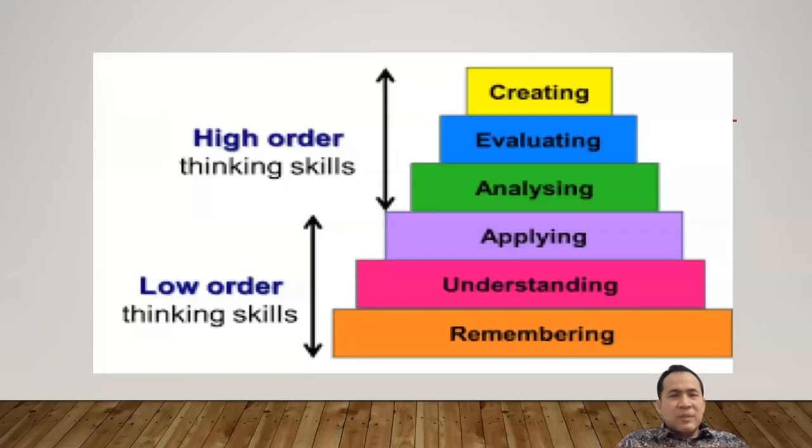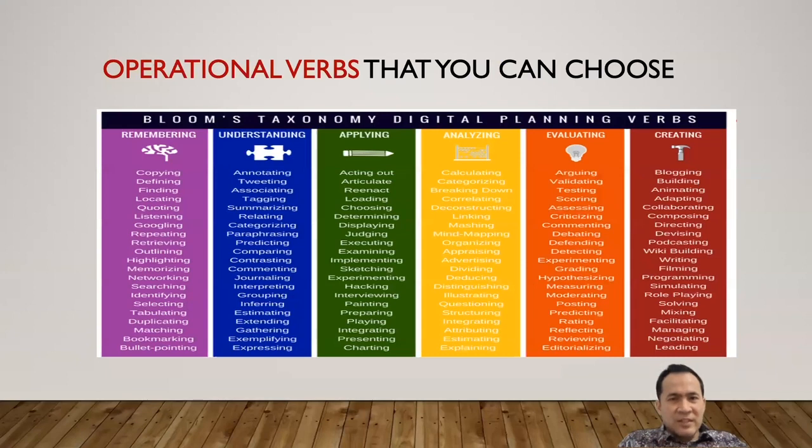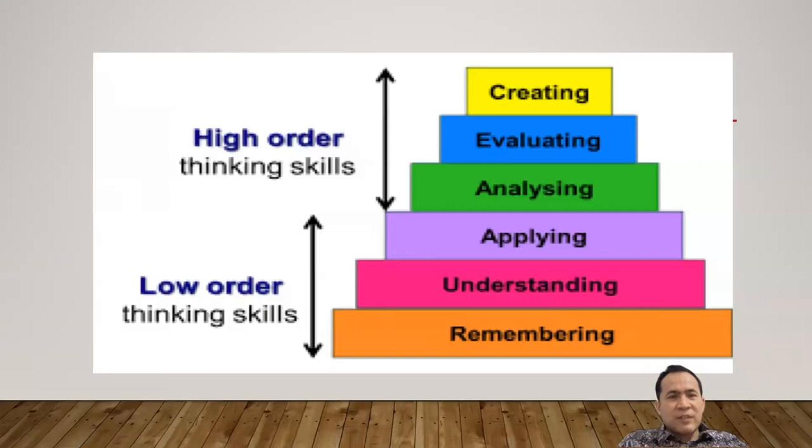It is very important because you have to know which one is the so-called high order thinking skill and low order thinking skill. If you use these three different domains, applying, understanding, and remembering, it means that you use the verbs of applying, understanding and remembering, as I told you earlier. This means that you are considering low order thinking skills.